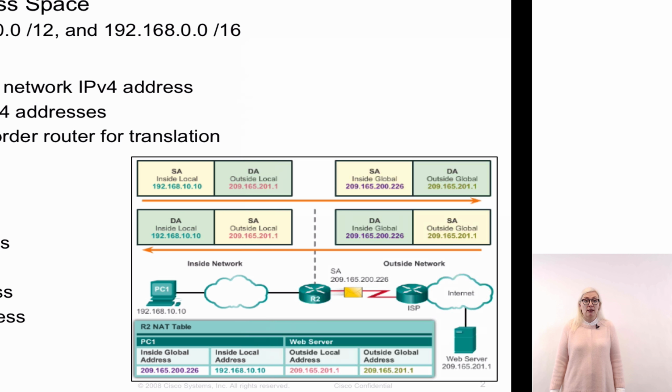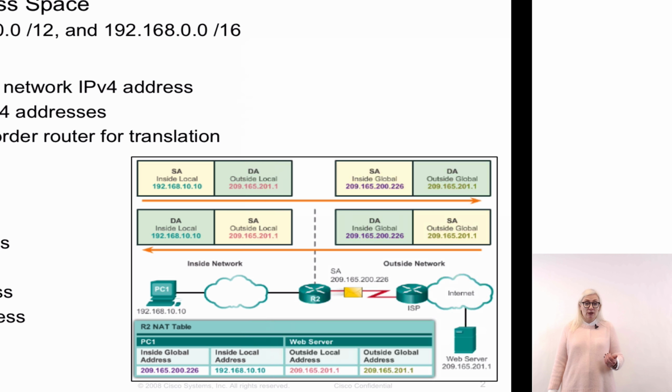The inside global address is my exit interface. That is the one that has the connection to the internet. Whereas the outside local and the outside global normally are the same IP. And that is, in this case, when I want to connect to the web server on the internet, the IP address of that server.